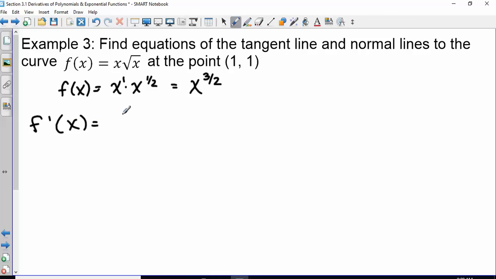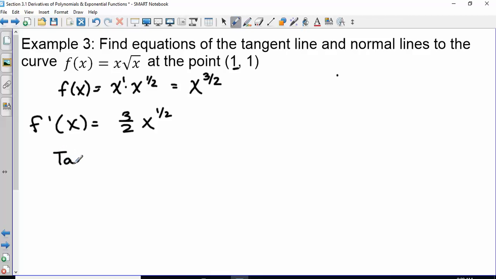So your derivative would be what? 3/2 minus 1. 1 is like 2 over 2, so 3 over 2 minus 2 over 2 is 1 over 2. Okay, that's our equation for the slope of the tangent line.